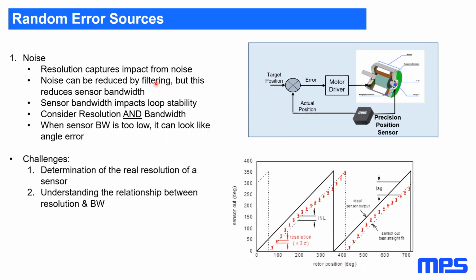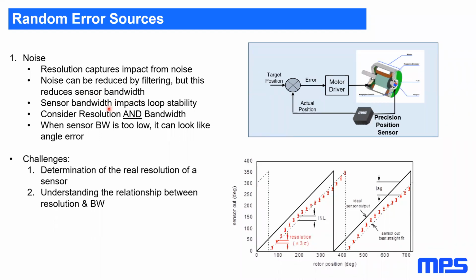We can reduce this noise by filtering, and we do on all of our position sensors. We have a back-end filter that is a sliding window filter that's essentially an averaging filter, and that reduces the noise. But you don't get that for free, like everything in engineering. You have to pay a price, and the price is the sensor dynamic bandwidth.